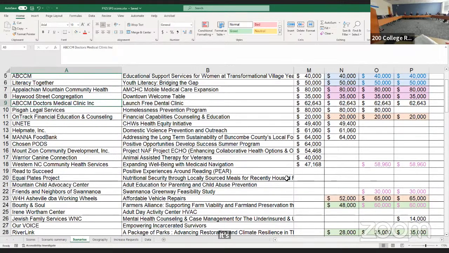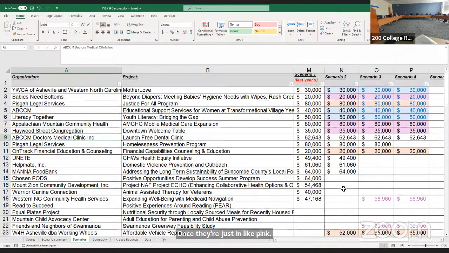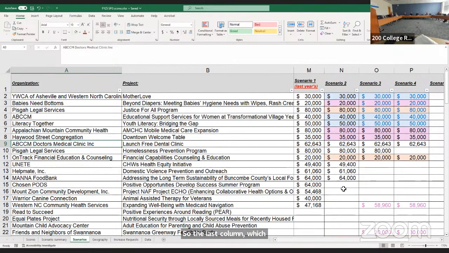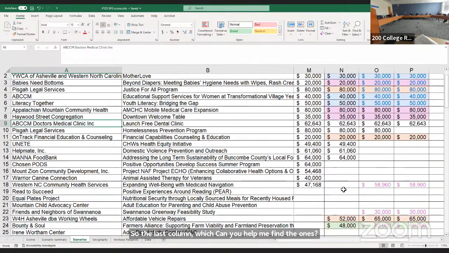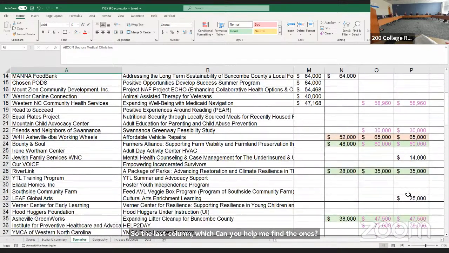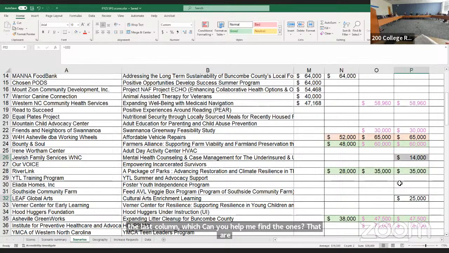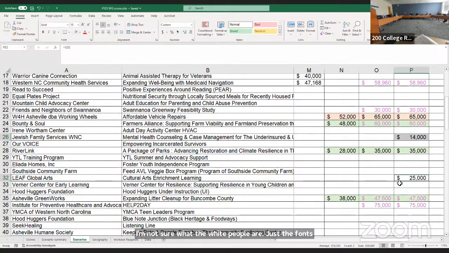So which of the small, I'm getting so confused with all the different colors. So the ones that are just in light pink. So in the last column, can you help me find the ones that are added that weren't before? Just the font is light pink, not colored in.